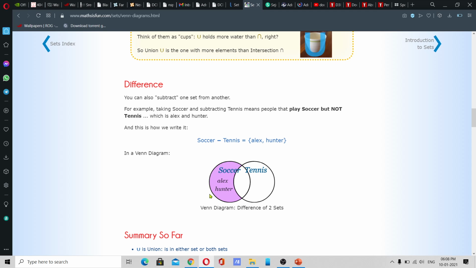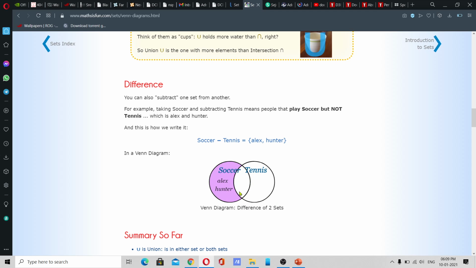So it will be shown in the picture like this, where we will shade only this area. See this area, because these are the events or persons especially in the first set, and we do not include all these other areas. We are studying the difference with regard to soccer. If it were with regard to tennis, we could have selected that area. We are learning the difference concept with regard to soccer, so this area isn't included.